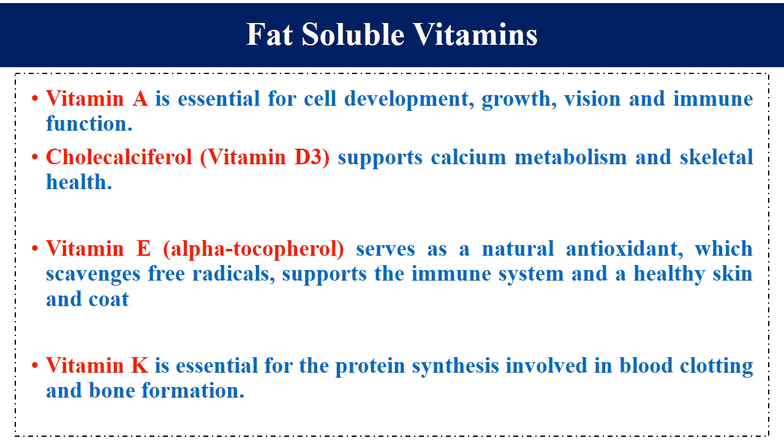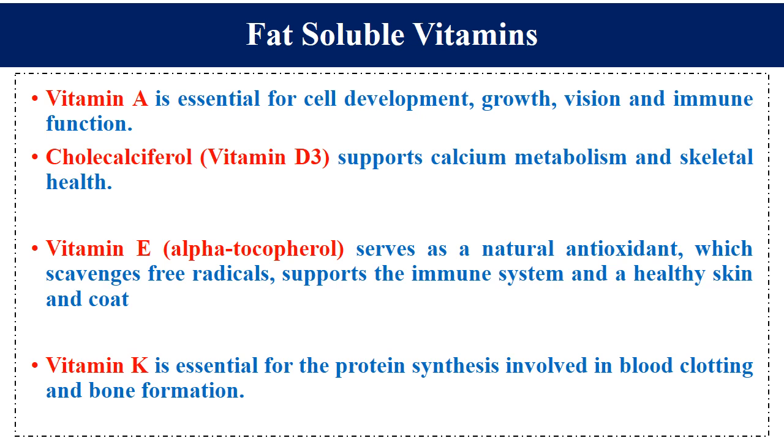Then vitamin E, also called alpha tocopherol, serves as a natural antioxidant which helps in scavenging free radicals and supports the immune system and healthy skin and coat. The last one in this category is vitamin K, also called anti-hemorrhagic factor.